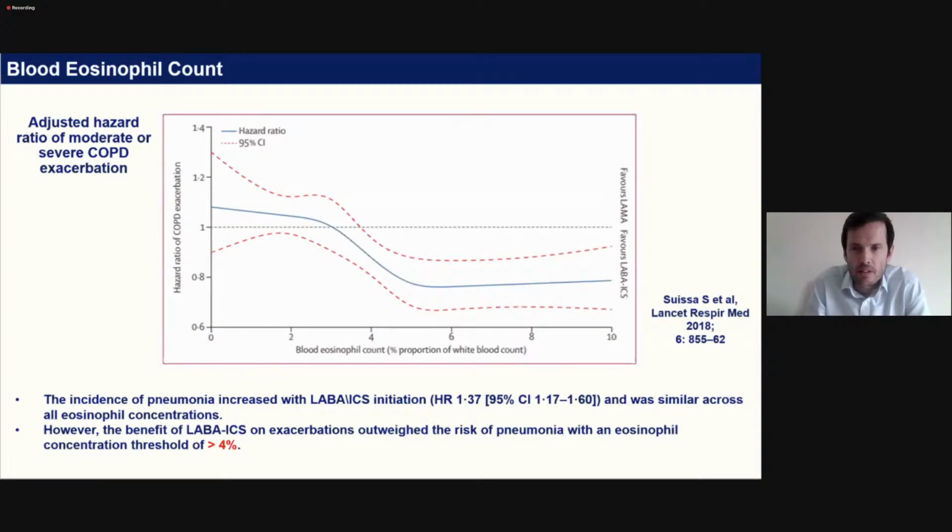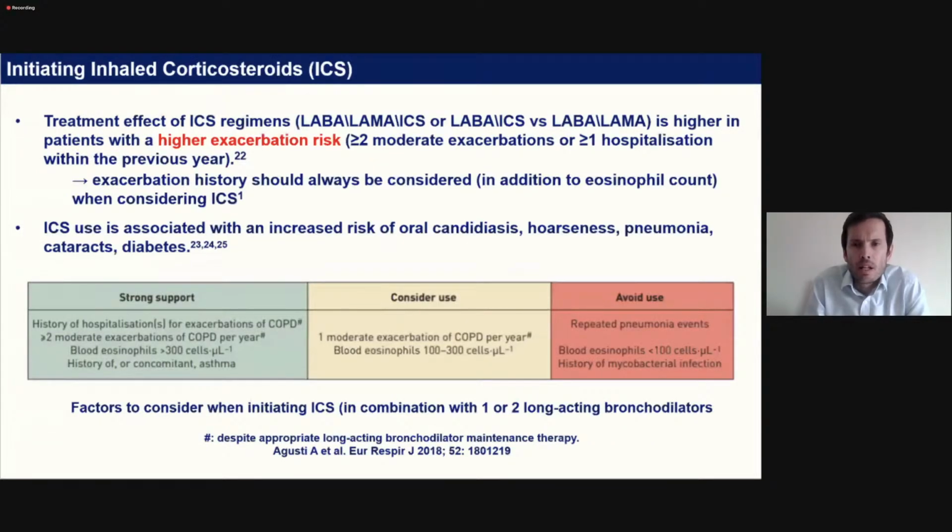However, the benefit of LABA ICS inhalers and treatment on exacerbations outweighed the risk of pneumonia with an eosinophil concentration threshold greater than 4%. Thus, initiation of inhaled corticosteroid therapy in combination with bronchodilator therapy should be considered with higher circulating levels of blood eosinophils in COPD patients.